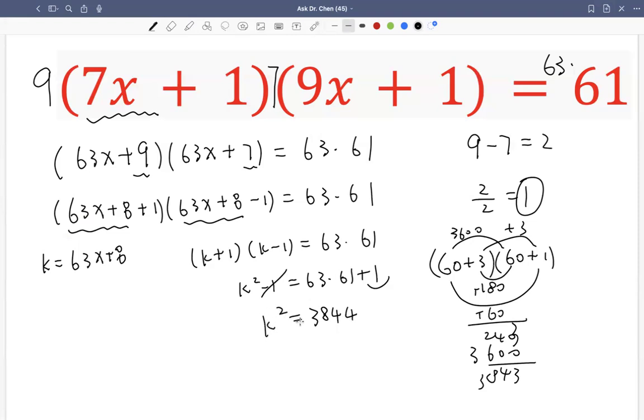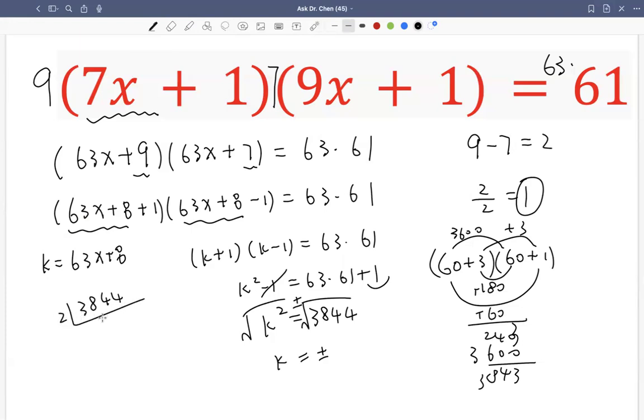So k squared equals this number. Now what do? We want to square root, right? When we square root, we get a positive and negative 2 values because the negative number square also positive. So we get k equals plus minus. Let's see how do we do square root of this. So 3,844.